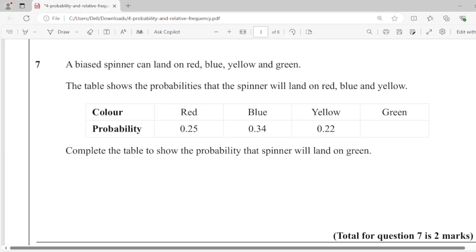Question 7. A biased spinner can land on red, blue, yellow, and green. The table shows the probabilities that the spinner will land on red, blue, and yellow. Complete the table to show the probability that the spinner will land on green.